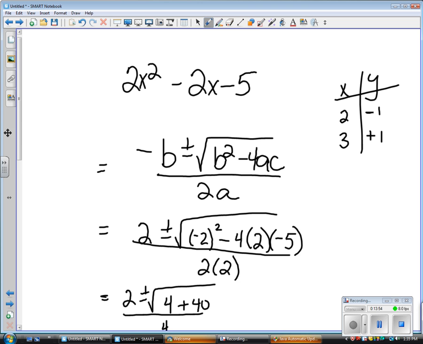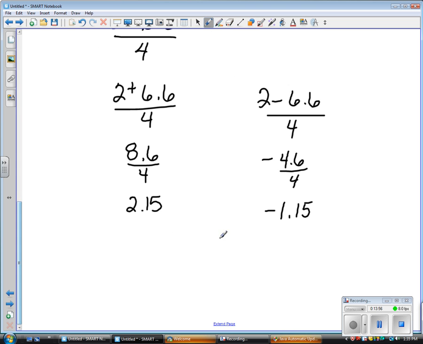Now here's the thing. On the SOL test, your choices are going to say something like 2.2 and negative 1.2, and then that may give you some other weird numbers out there. So you're going to be kind of close. At that point, you should be able to make an educated guess of why you chose 2.2 and negative 1.1 based upon either your table or by using your quadratic formula.